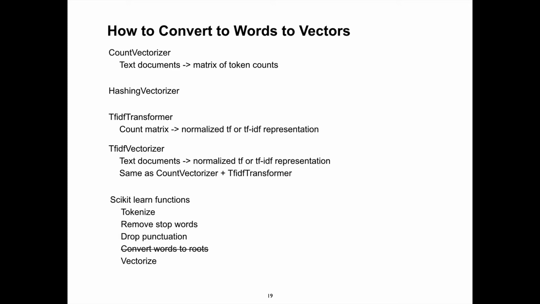You have your transformer. Well, it actually takes the output of the count vectorizer and does some normalizing on it. We'll talk about that a little bit later. And the vectorizer is basically a shortcut for first calling the count vectorizer and then the transformer.